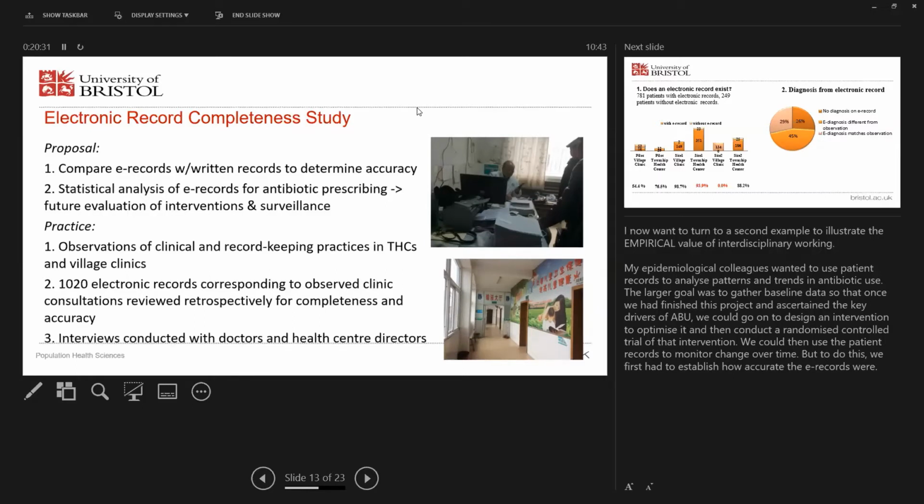So we devised a new protocol to use the observations we were already conducting in these clinics to compare against the electronic records which were submitted to county level. And we then reviewed retrospectively those records entered for the patients who we'd recruited into our study against the actual clinical consultations that we observed and recorded in our study. And we also did interviews with doctors and health centre directors.